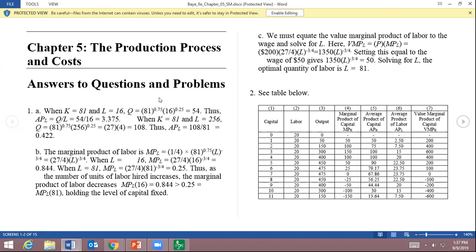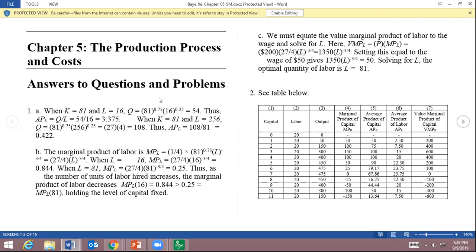Since this is 50, we need this whole thing to be equal to 1, right? Since this whole thing must equal 1, then this has to equal 81, so that we get 81 over 1, which is equal to 1. Okay? So not the hardest of problems they gave us here.